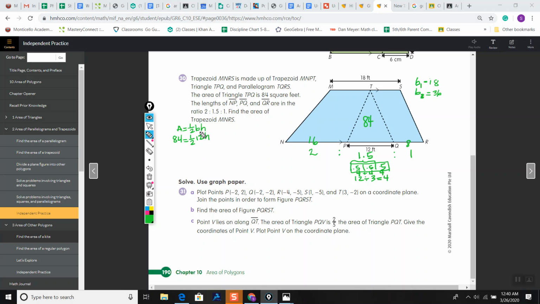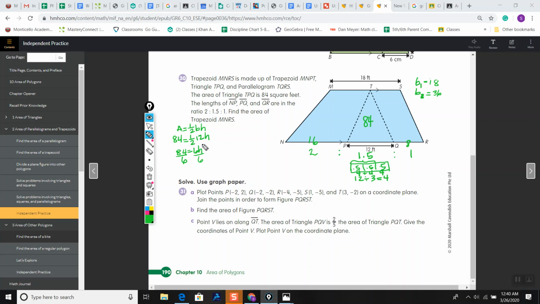Now I want to simplify. 84 is equal to half of 12, which is 6, and we still have our h. We're going to divide both sides by 6, because we're trying to isolate that h.